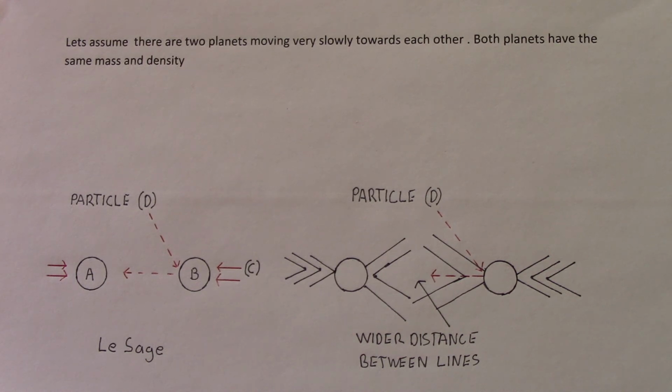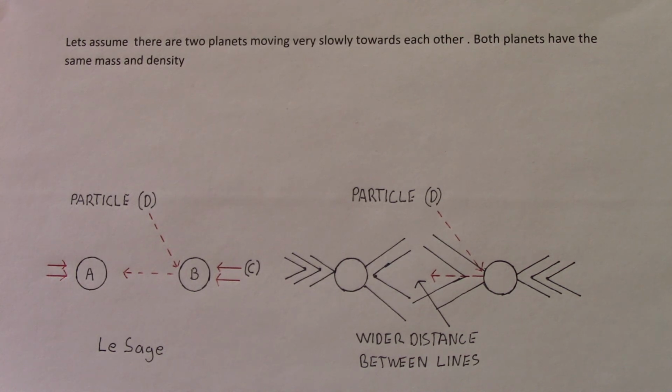In this area, the distance between the lines is greater, so the energy between them is weaker. This weakens the funneling effect for each planet, but only on the side that is between the planets. So on the opposite side, the force stays the same. So whereas before the force on both sides is balanced, there is now an unbalanced force pushing the two planets together.